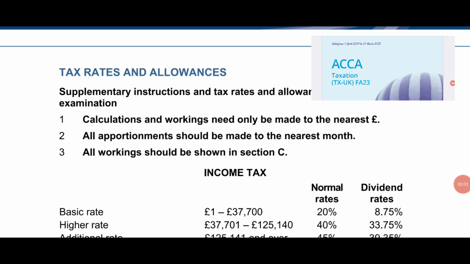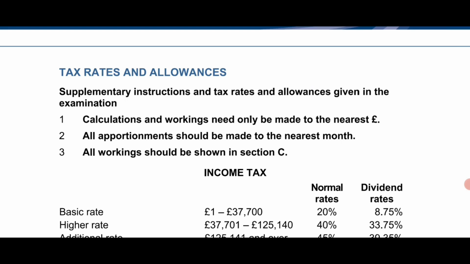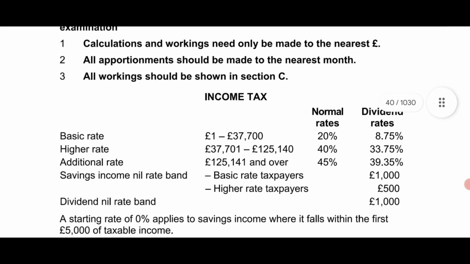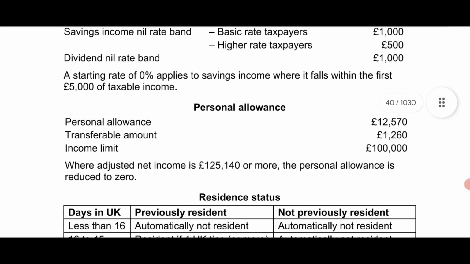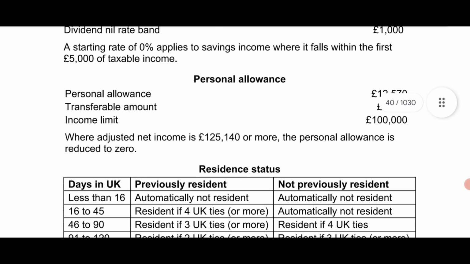Okay students, as we discussed earlier, this is the supplementary information or tax rates and allowances given in the examination. The calculation workings need only be made to the nearest British pound. The income tax rates and their slabs will be given, but you have to understand how they are applied. The personal allowance is provided in the examination.